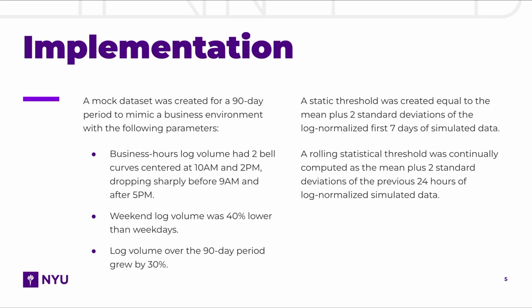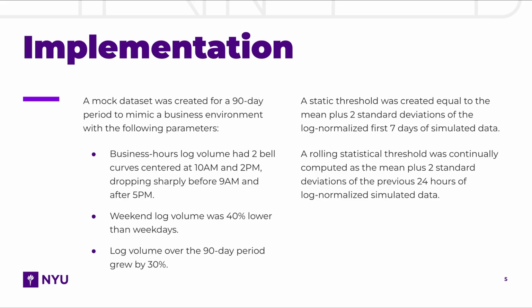So at the end of this 90 days, it'll be 30% higher than it was on January 1st, where it starts. Of the thresholds that I created to test and compare to each other, one is a static threshold. It's using the first 7 days of data, taking the log normalized average of them, and then setting a threshold that is 2 standard deviations higher.